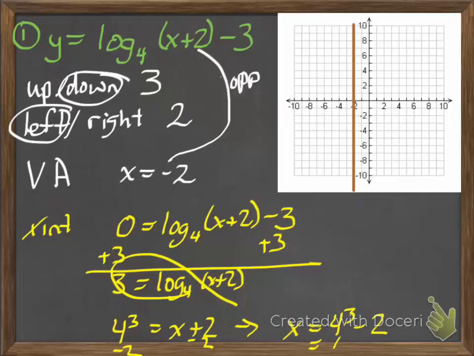So that's going to give us 62 as that answer. So our x-intercept is going to be 62, 0. Often your intercepts are not always going to be able to be graphed based upon the numbers. It's okay. You just have to identify it. You may not actually be able to fit it on the graph.